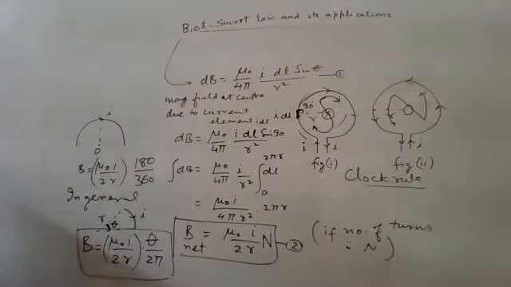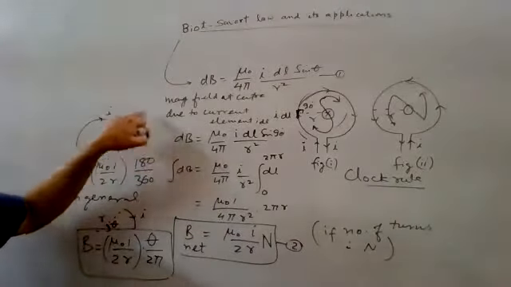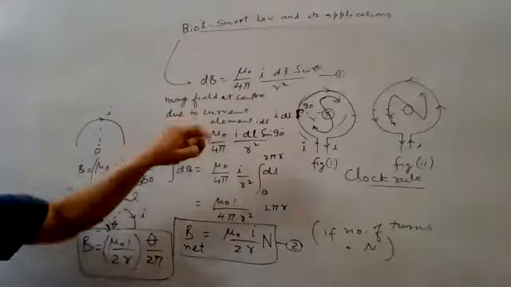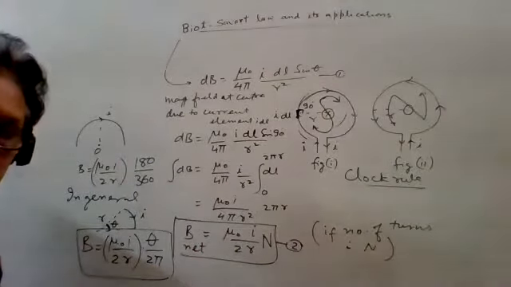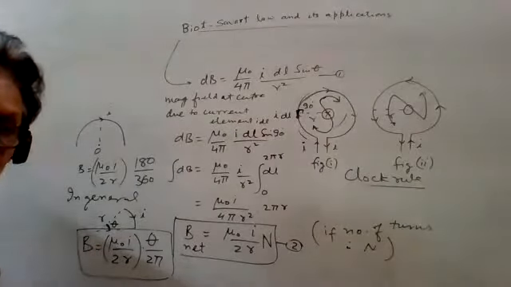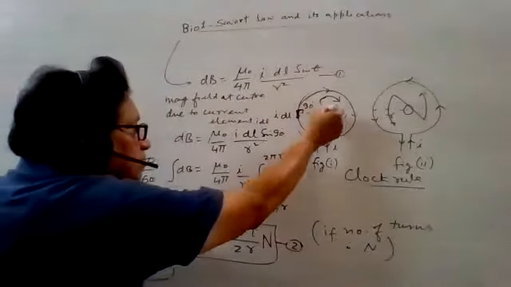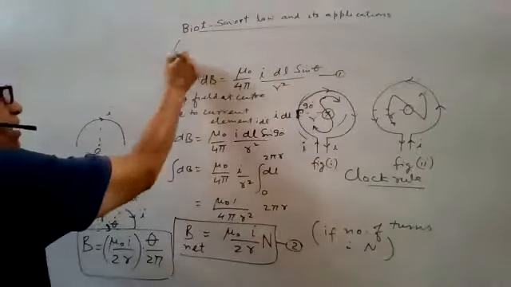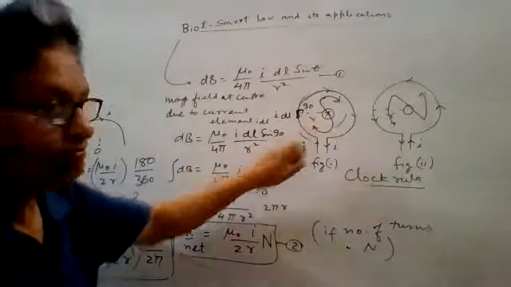Now another application, this was the first application to find out the magnetic field at the center of a circular current-carrying coil, circular coil. This is the magnetic field at the center of the circular coil. So it is a simple one.